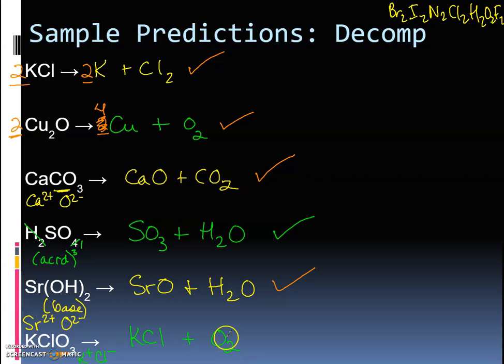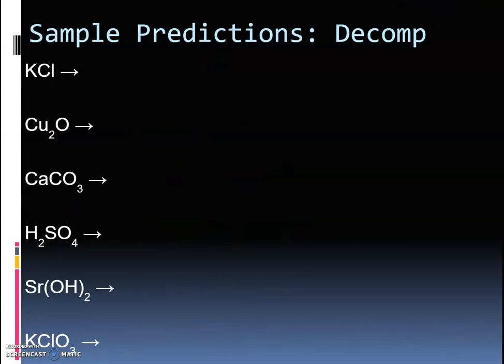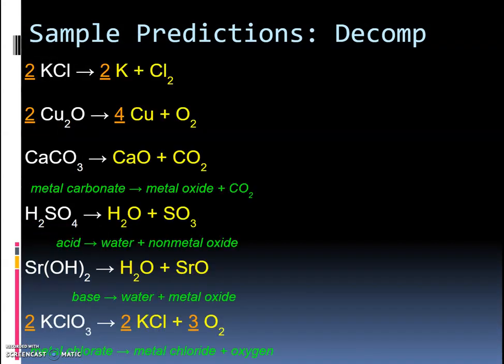I have a 3 and a 2, so I can put my 3 here, my 2 here, and a 2 here, or I can do KClO3 makes KCl plus 1.5 O2s, and then that works out to be balanced as well.